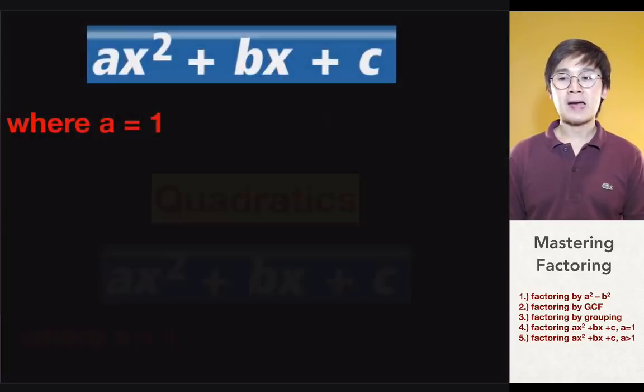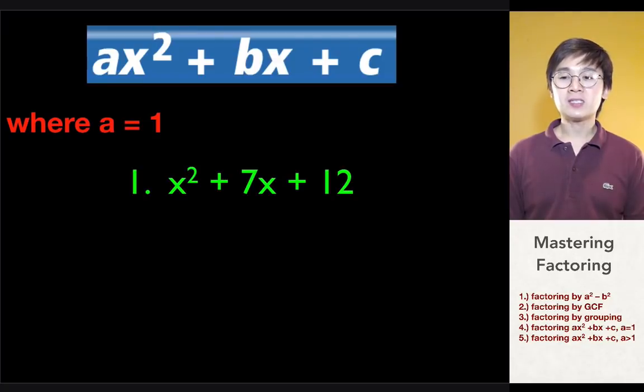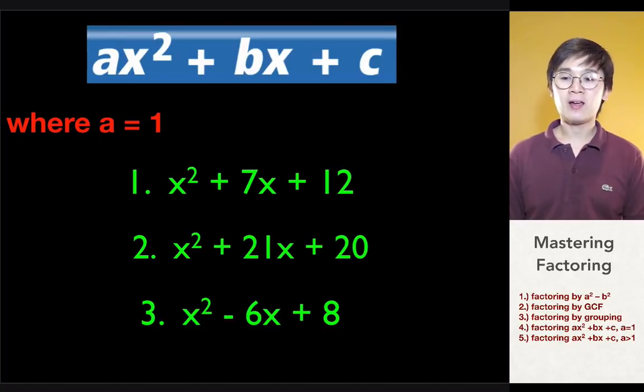Now what are some examples of a quadratic equation with a leading coefficient of 1? Examples of this quadratic polynomial will be x squared plus 7x plus 12, or x squared plus 21x plus 20, or x squared minus 6x plus 8. All of them don't have a coefficient on the leading term because this one falls under this category.